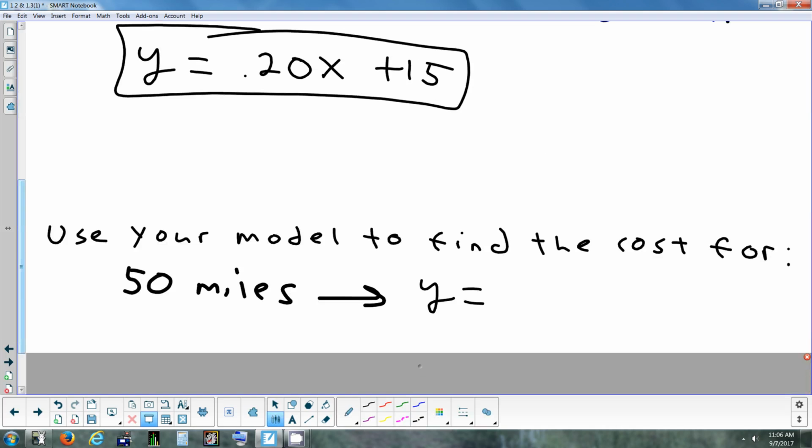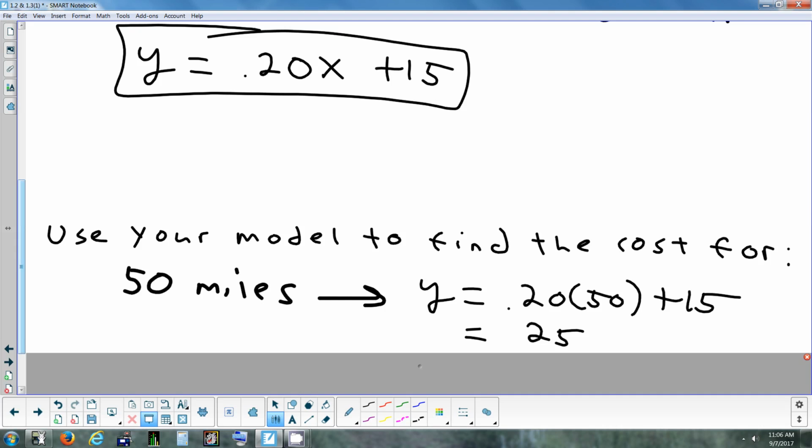Replace the x with 50. And now we just do it out. 0.2 is the same as the fraction 1/5. So basically I need 1/5 of 50, which is 10. Okay, so 0.2 times 50 is 10, plus 15 gives me 25.